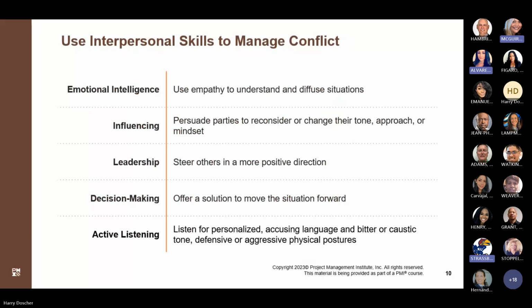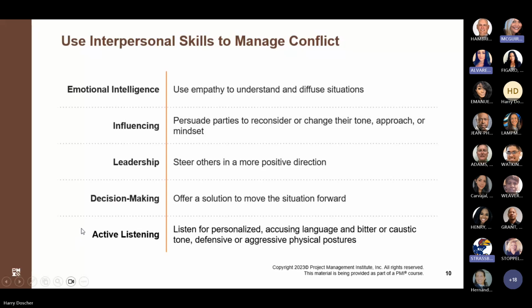Now, these are a list of interpersonal skills that can be used to manage conflict, all the way from emotional intelligence, influencing, leadership, decision making, active listening.